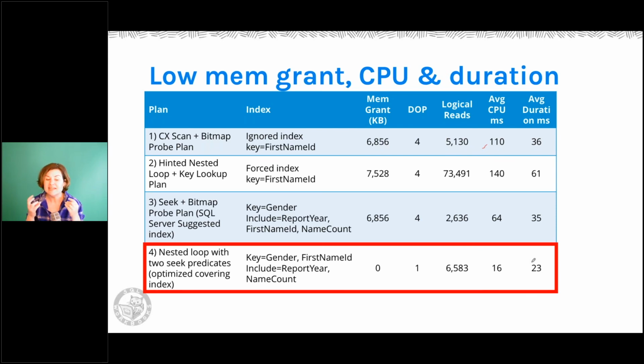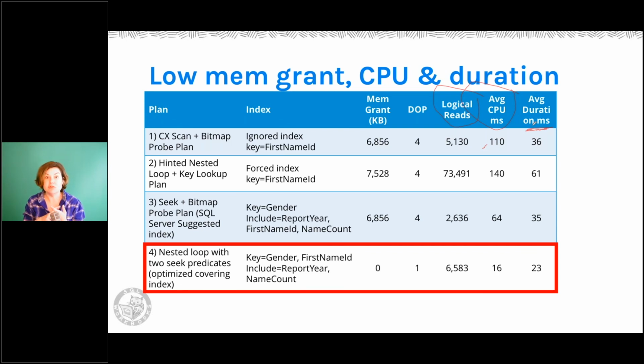So when I'm tuning these, I will look at CPU time and the logical reads. I will keep an eye on duration as well, because what matters to my customers is actually duration. What matters to me is licensing, right?